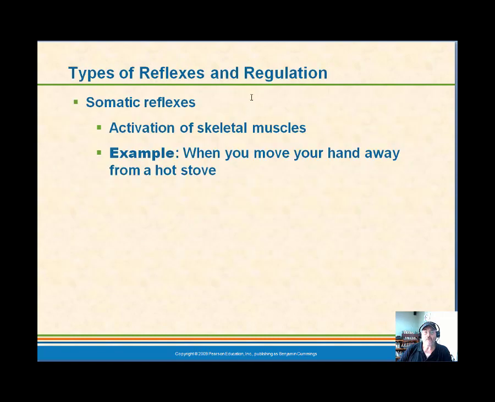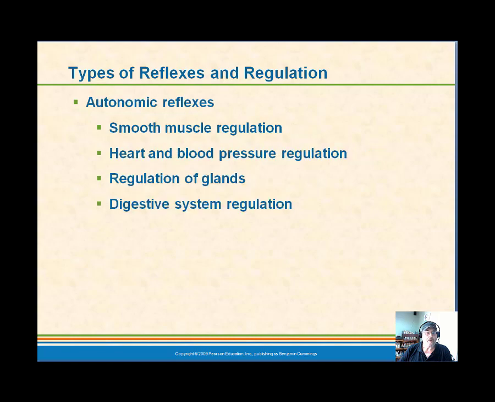So types of reflexes and regulation: activation of skeletal muscles, for example, when you move your hand away from a hot stove. Autonomic reflexes also come into play, and they are not protective like the somatic reflexes are, but they adjust things like smooth muscle regulation, which can dilate or constrict blood vessels, which will in fact regulate heart rate, blood pressure, regulation of glands.